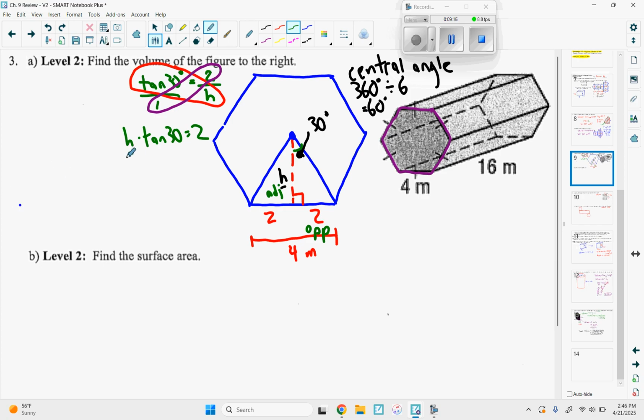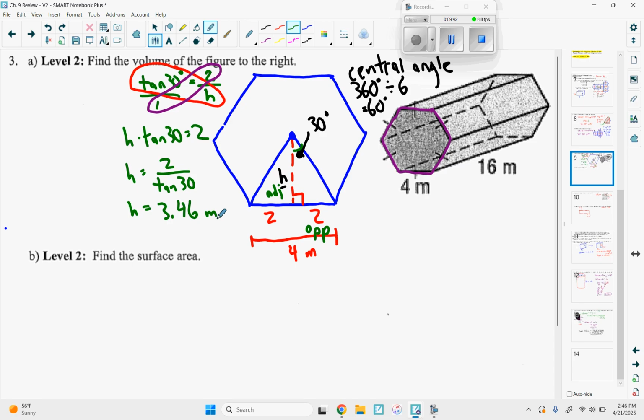Now I'm going to isolate my variable h, so I'm going to divide both sides by tangent of 30. And we get 2 over tangent of 30 degrees. And so my height for this right triangle is approximately 3.46 meters.